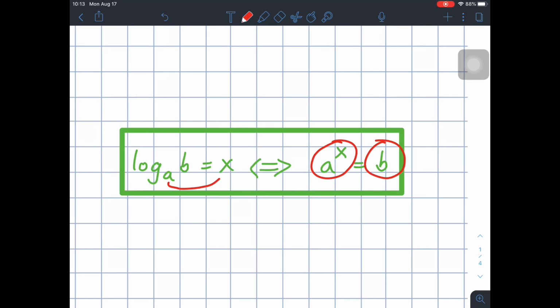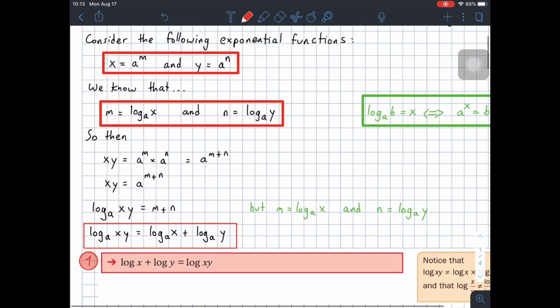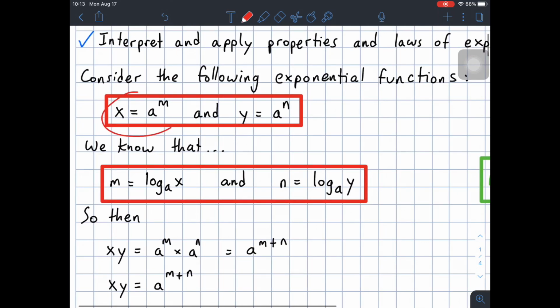So using that same concept, we can rewrite these two expressions as m equals log base a of x. If you remember, a to the power of m is equal to x, which is this. And on the other hand, we have that n is equal to log base a of y. a to the power of n must be equal to y, which is exactly what we have written here.